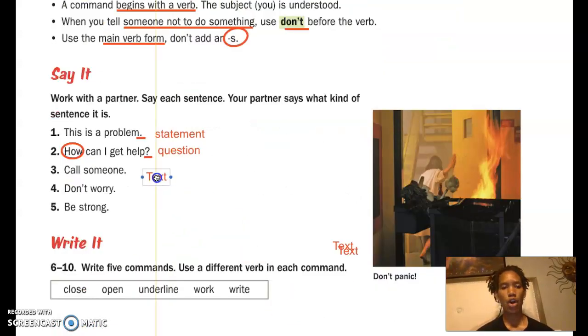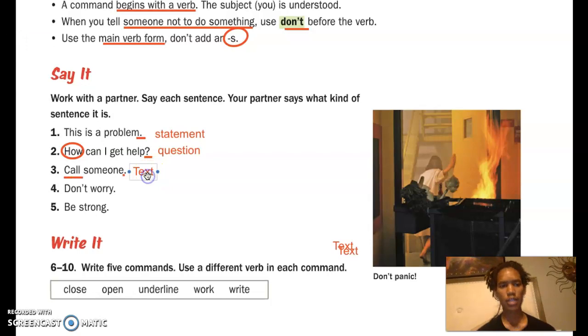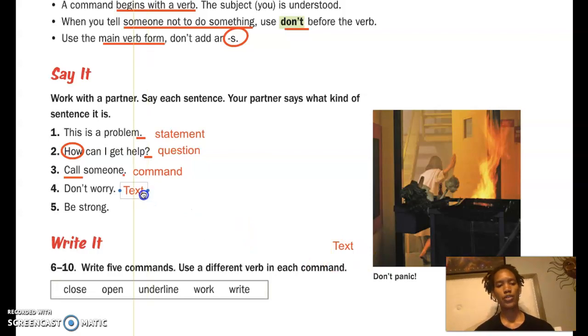All right. Number three, call someone. It has a period, right? Is it telling me something, or is it telling me to do something? It's telling me to do something, right? My verb there, call. Call someone. We need help, right? This is a command. Number four, don't worry.